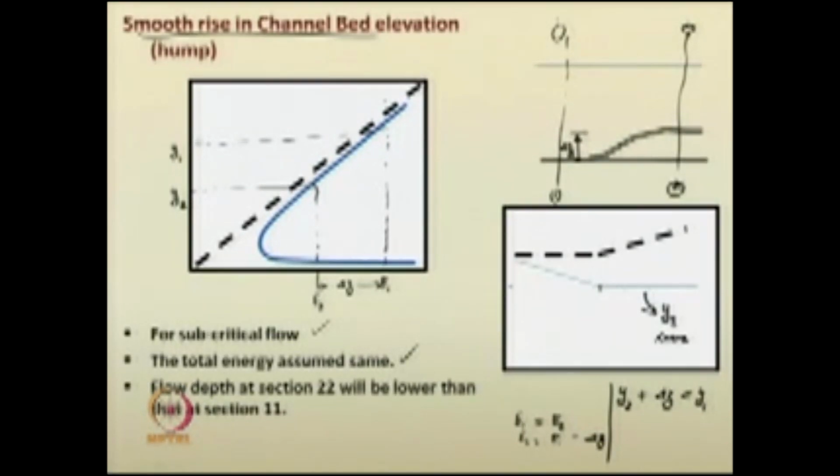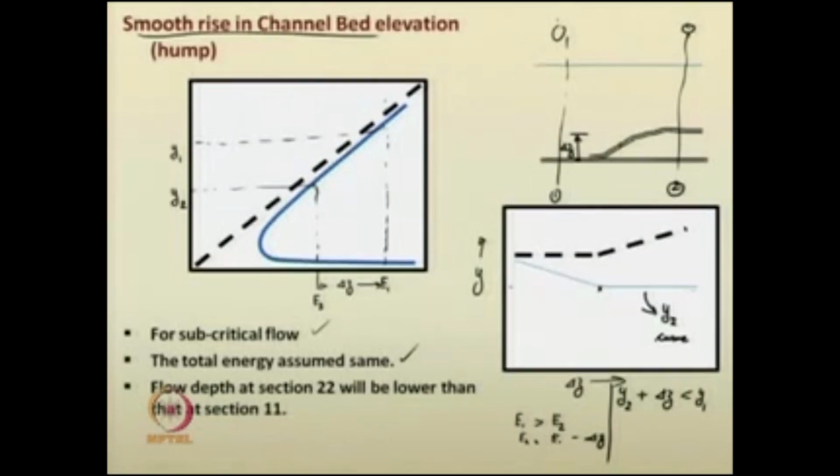This is the critical depth value. See, this is depth y and this is the channel profile. So, as the del z height increases, you will see there will be a decrease in the depth of flow at the downstream section, or section 2, then it reaches the critical depth.